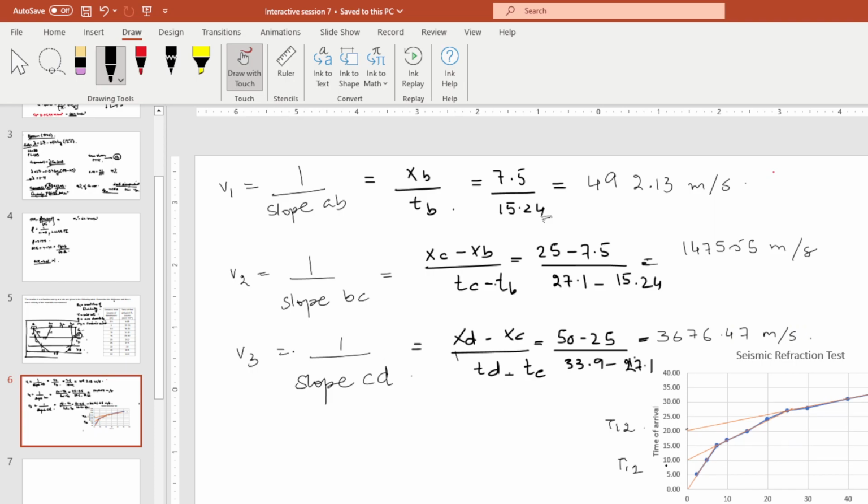Ti1 is 10 and Ti2 is 20. Also this is x. Sorry. So let's calculate the depth of the layers.